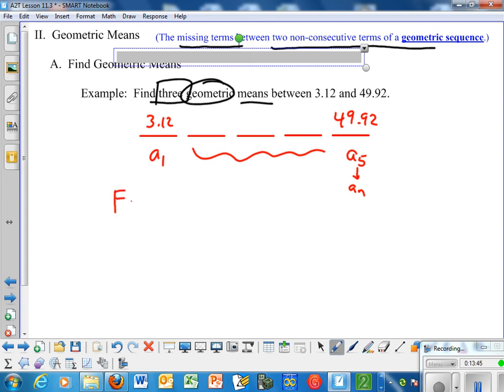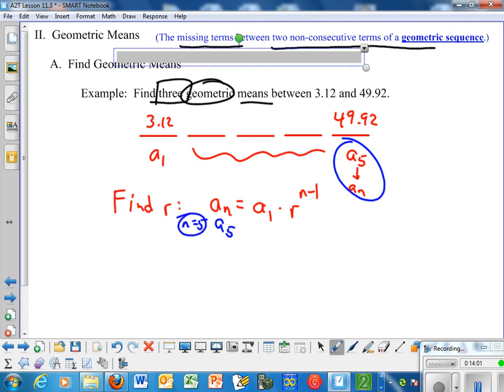So we're going to find R. Let's write the formula down. AN equals A1 times R to the n minus 1 power. So over here, we're actually going to put A5, which means n is equal to 5, but we know what A5 is. It's 49.92.